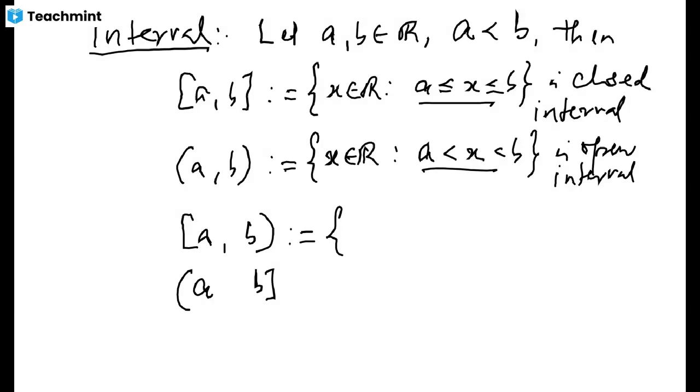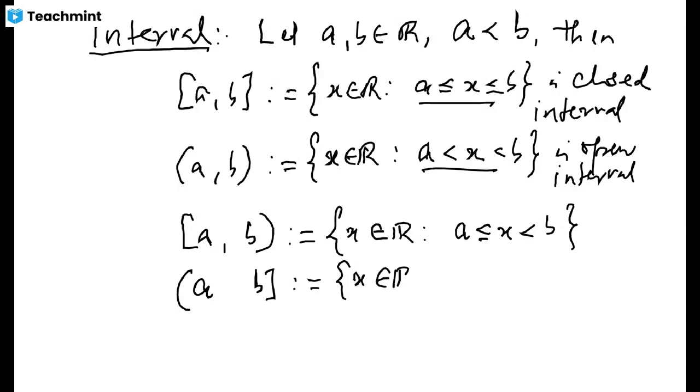So this interval is open from the right. It includes all those real numbers which include A, but it doesn't include B. Similarly, this left open interval is also known as right closed, and right open is also known as left closed.